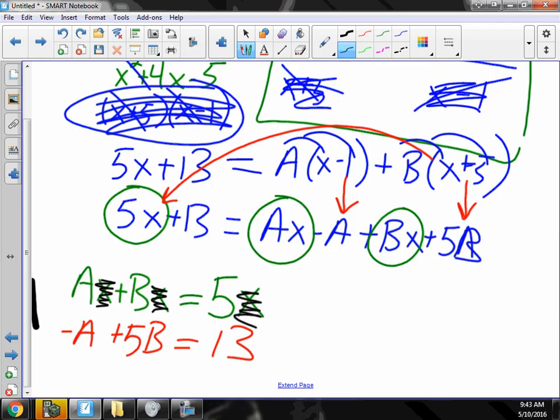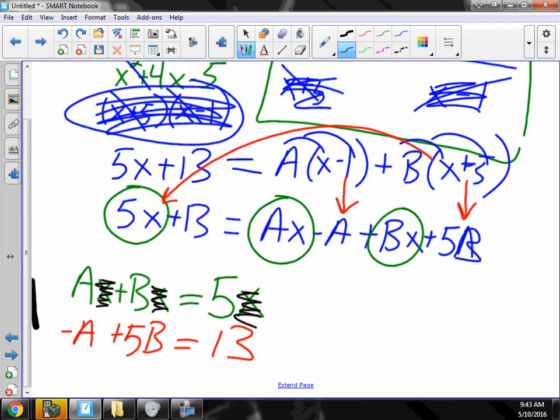So type that into your matrix. You could use substitution, but eventually, when these get longer, we're going to have A's and B's and C's and D's and E's. So yeah, that would work if you want.